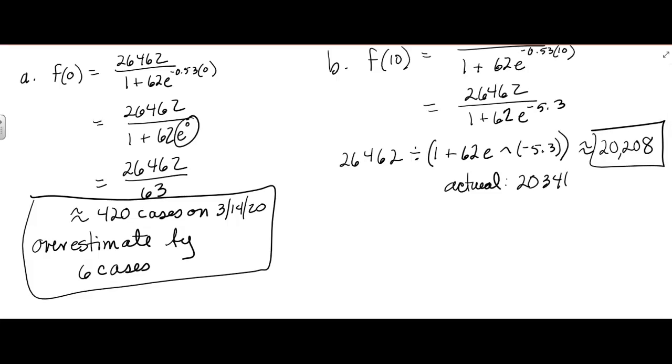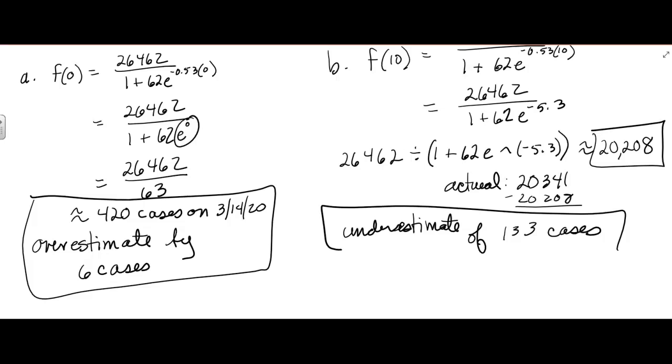So this looks like an underestimate, because we were saying only 20,208. It's an underestimate of about 133 cases.